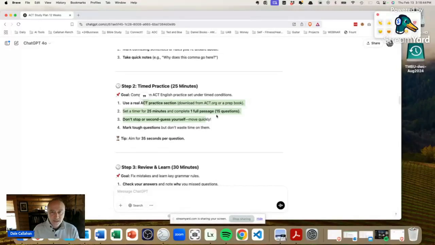Now, here is a hint I have noticed about ChatGPT. It's better to ask it for small chunks, like give me the first section. If I say, give me an entire ACT math exam, which I think is 40 questions of math, sometimes it's not as good as if I say, give me the first 10 questions, give me the next 10 questions, give me the next 10 questions. For some reason maybe its brain blows up.